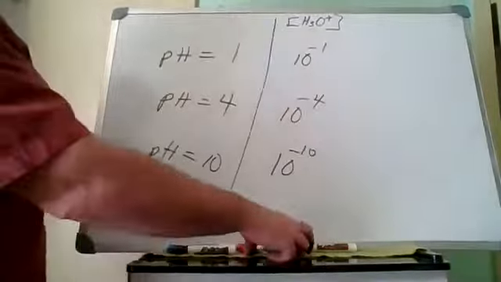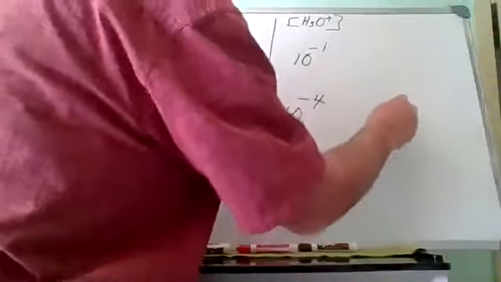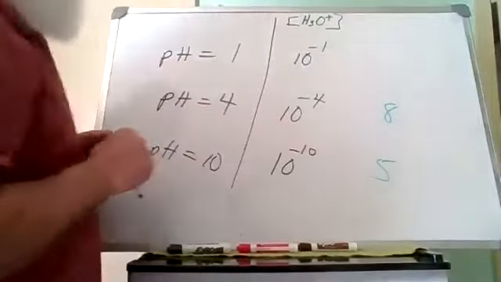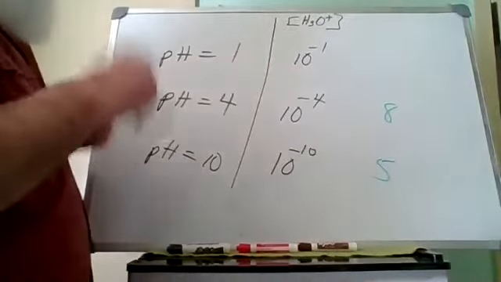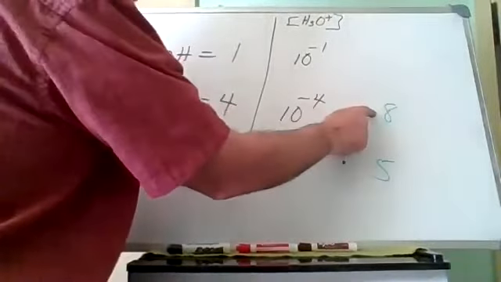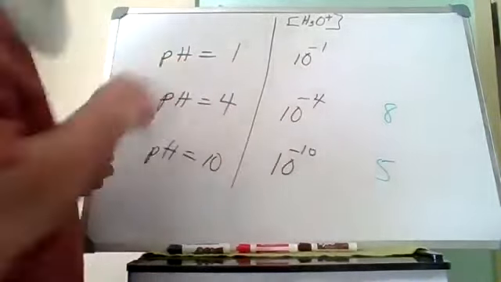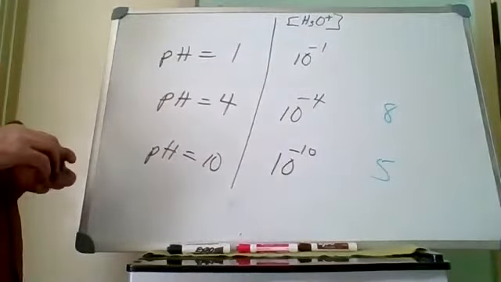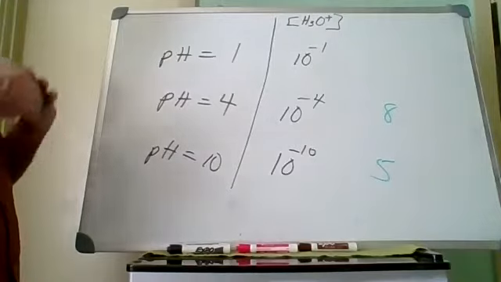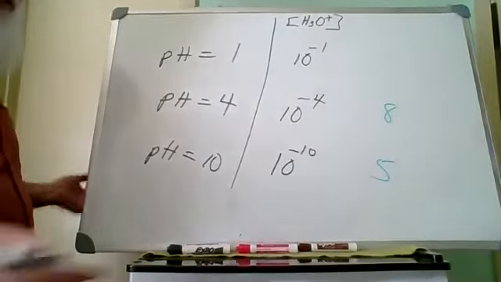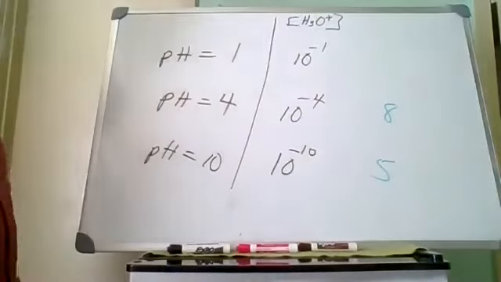So if I had an earthquake of magnitude 8 and an earthquake of magnitude 5, that's 3 powers of 10 difference. 10 to the third is 1,000. This earthquake is 1,000 times more powerful than this one. Again, the range in energy released in earthquakes is tremendous, so they use this logarithmic scale.